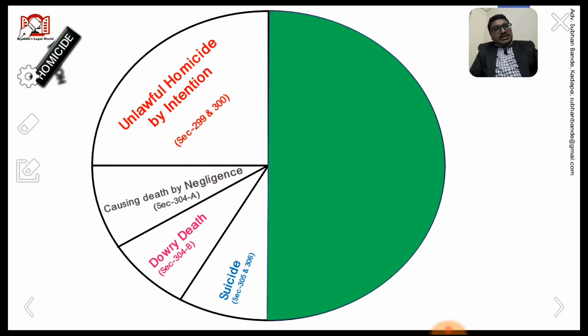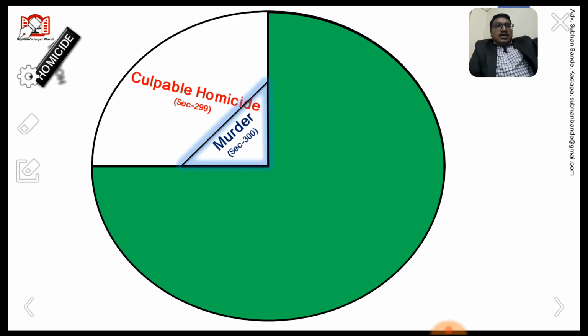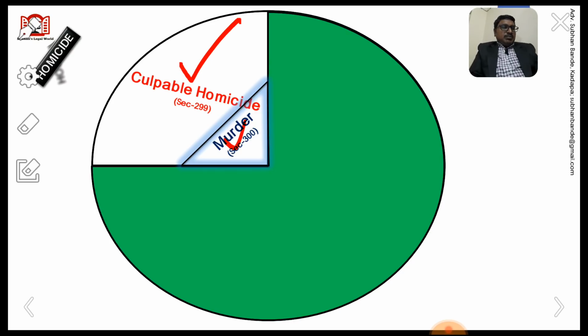Let us see only this part. Here, the unlawful homicide by intention is of two kinds, namely culpable homicide and murder. Culpable means punishable or liable to be punished, or criminal. Homicide means killing of a human being by another human being.